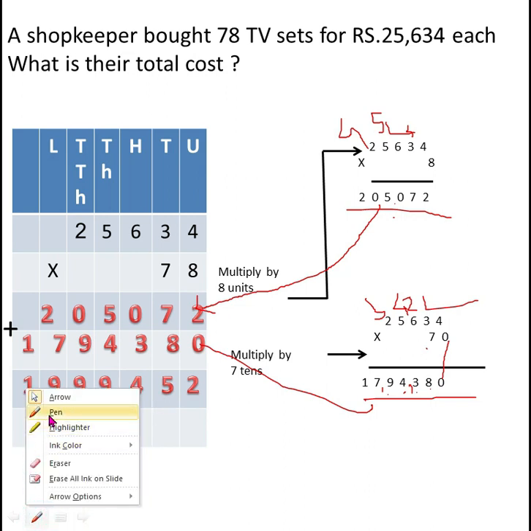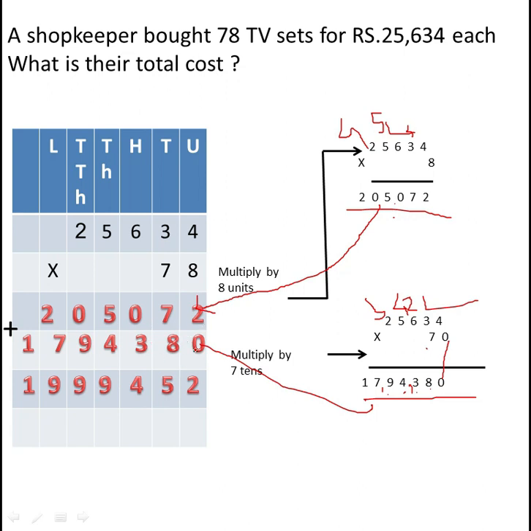We will solve this example. 2 plus 0 is equal to 2. 7 plus 8 is equal to 15. 5 here, 1 carried forward. 3 plus 1 is equal to 4. 5 plus 4 is equal to 9. 9 plus 0 equal to 9. 2 plus 7 is 9. 1 here. The answer is, the total cost of the 78 TVs is 19,99,452 rupees.